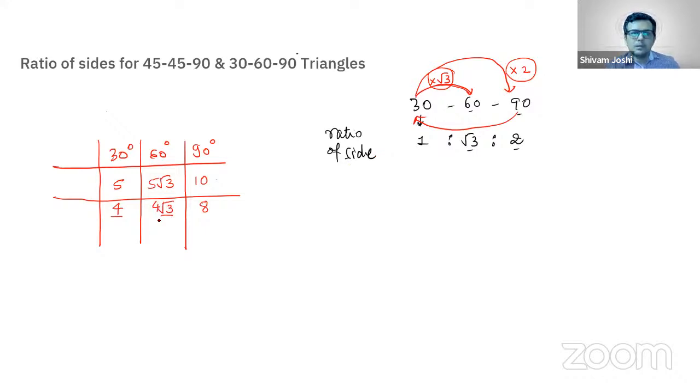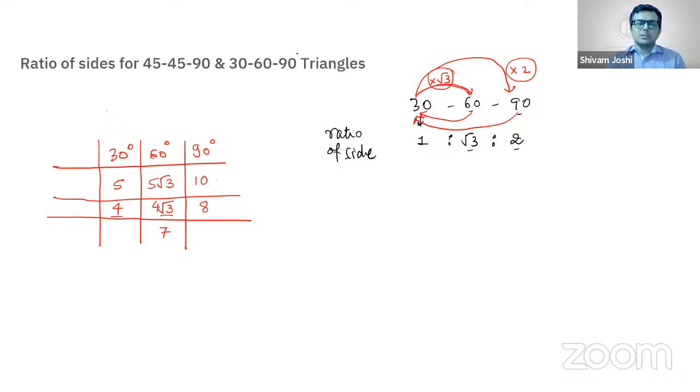Third example. If I tell you that the side opposite to 60 is, let's say, 7, find out the other two. The side opposite to 30 should be divided by root 3. Never go from 60 to 90. Never try to relate 60 and 90, because you will need another ratio, a third number, which we do not like.